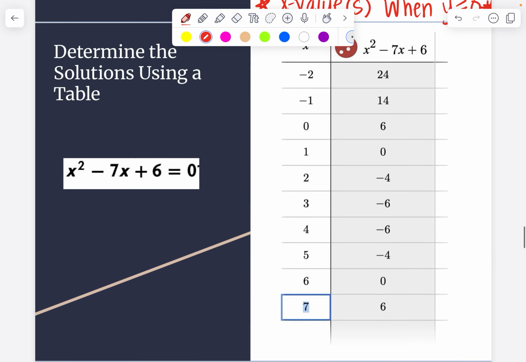So if I look here, I see I have an x-intercept here, because the y value is 0, and an x-intercept here, because the y value is 0. So our final answer then would be x equals 1 and x equals 6.